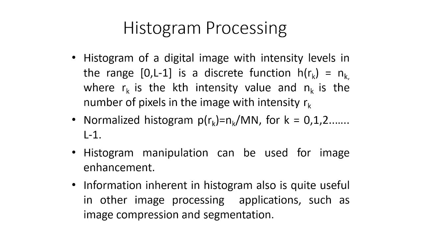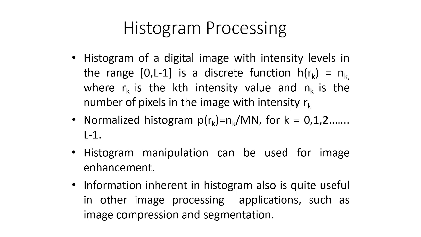What is a normalized histogram? We are reducing to a smaller value. In order to have smaller values, we divide by the total number of pixels, that is MN, the product of rows and columns. So we will have a range from 0 to 1, that is the normalized histogram.